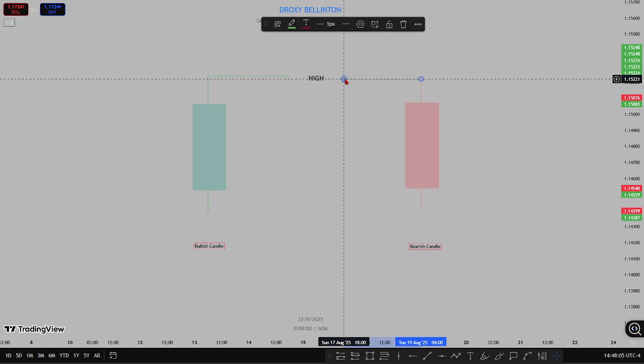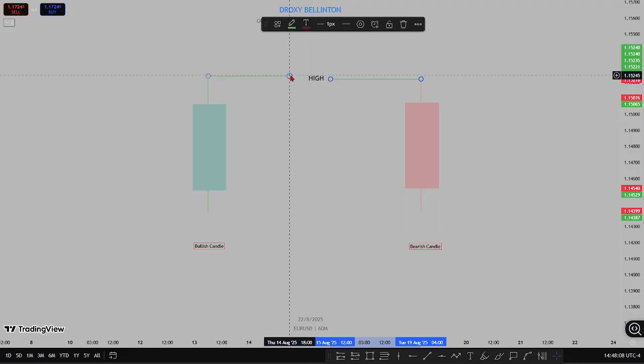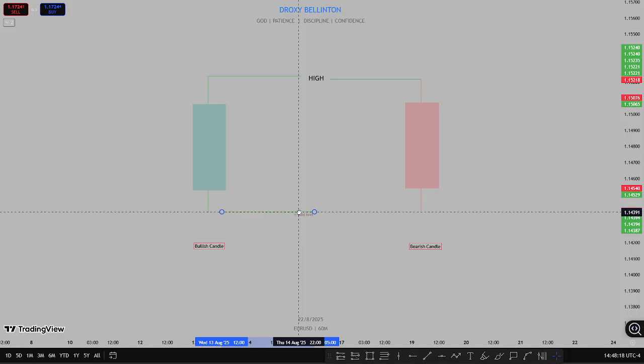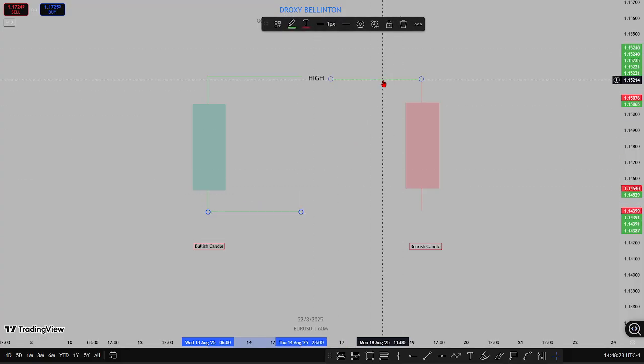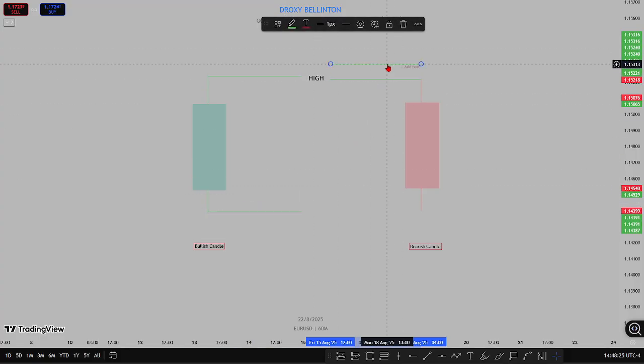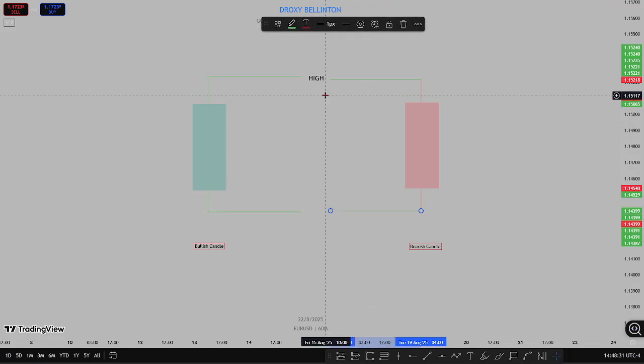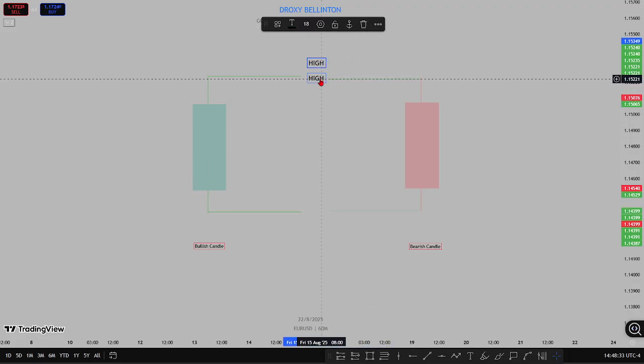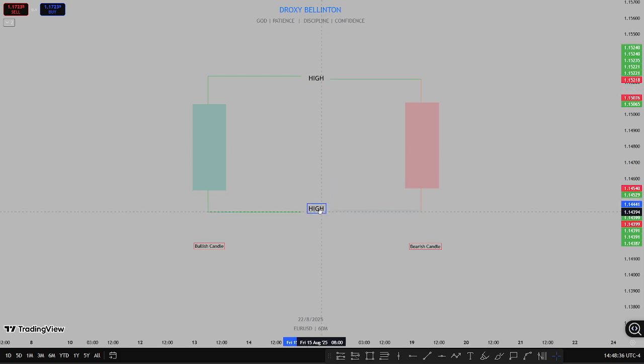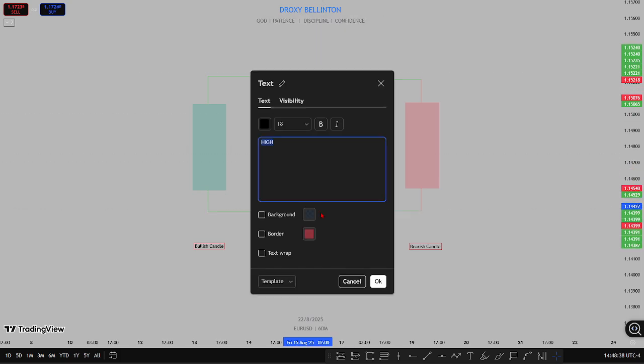Then this part is called the low of a candle. It's very simple, just don't complicate it for yourself. This is the low of a candle.